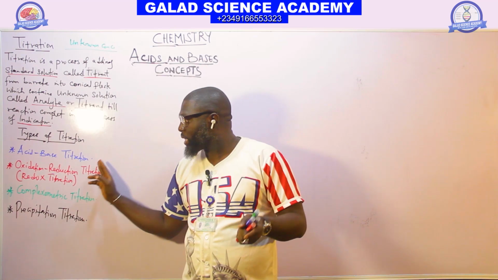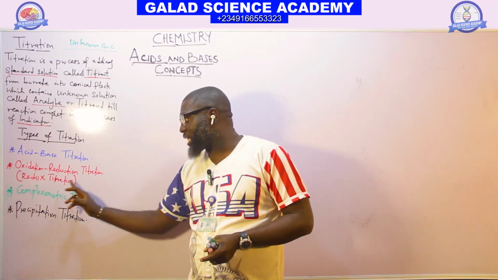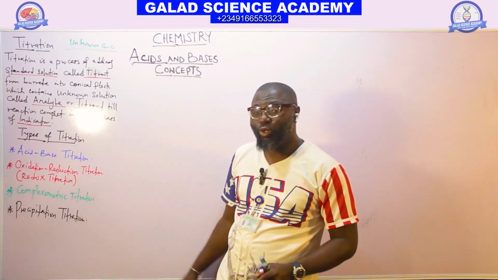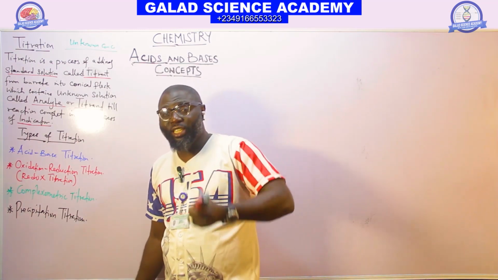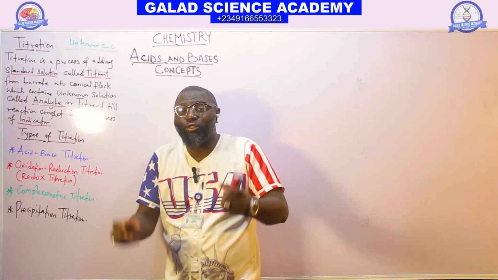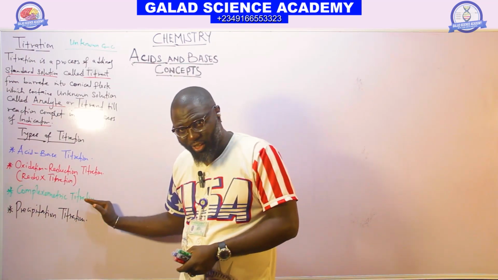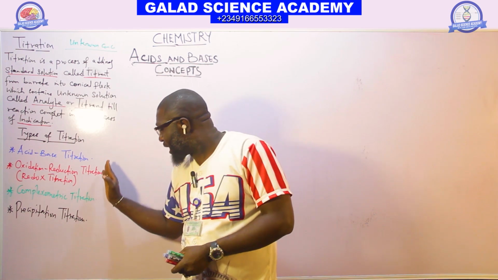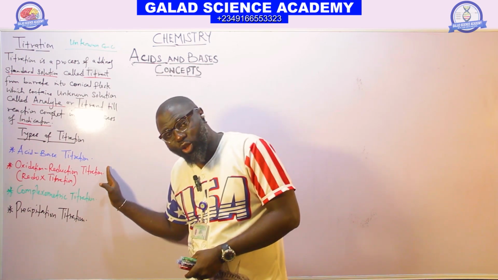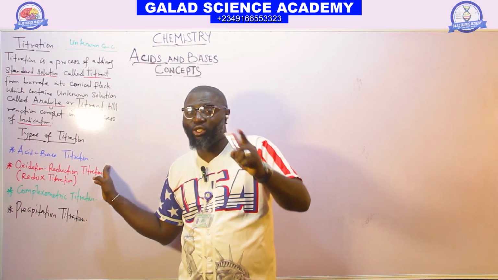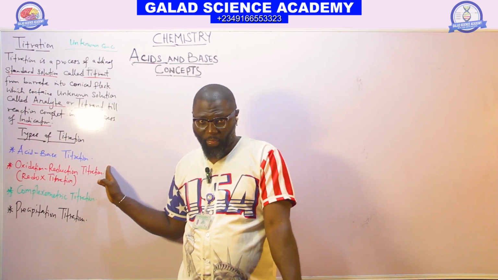Oxidation and reduction titration is used to determine the unknown concentration of a substance that undergoes a redox reaction.